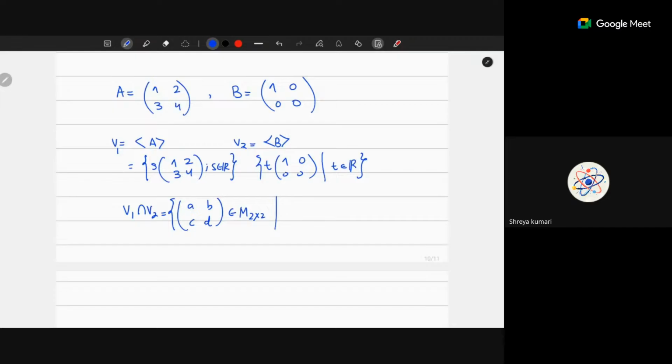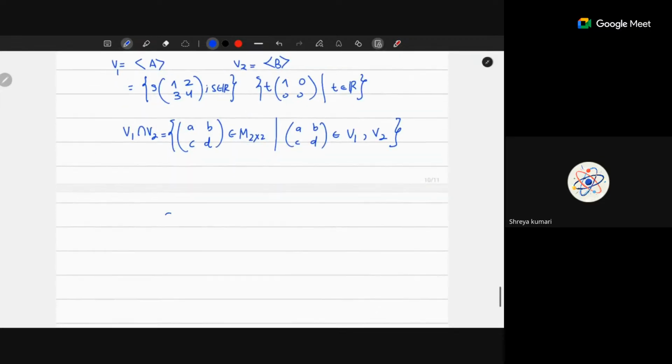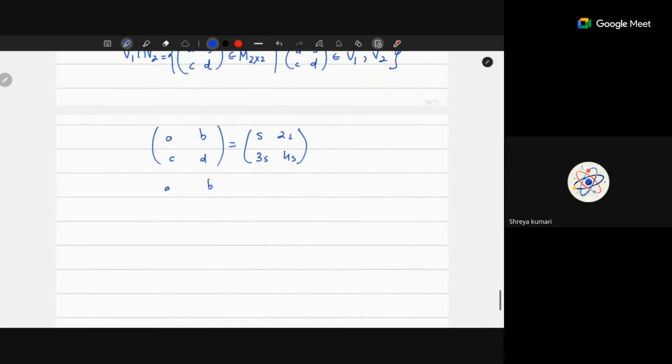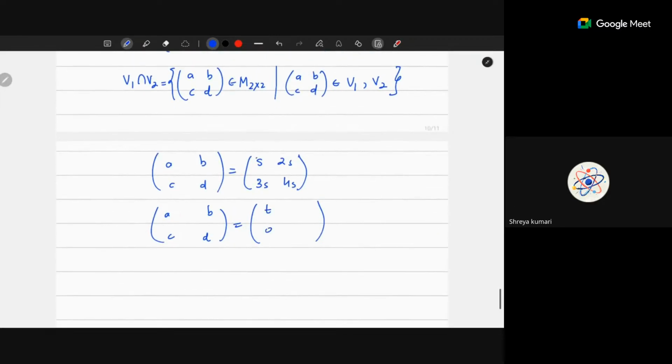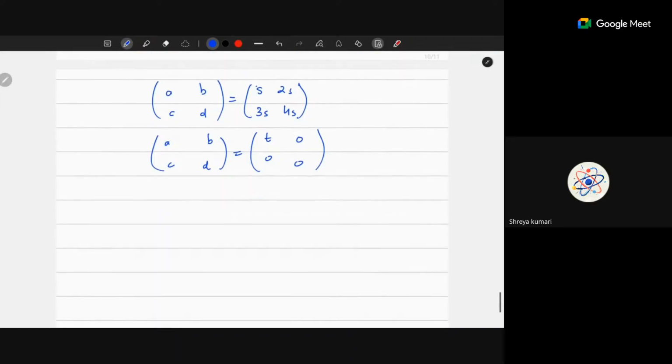So this matrix A, B, C, D needs to be in both V1 and V2. What does this mean? We compare A, B, C, D with S, 2S, 3S, 4S. So this is one set of equations. Another set of equations we get by equating with T, 0, 0.